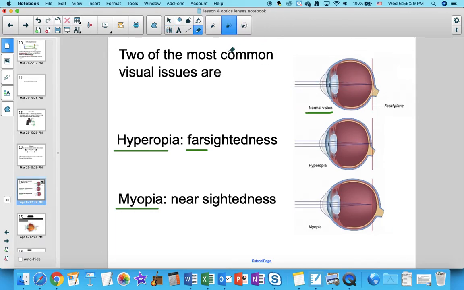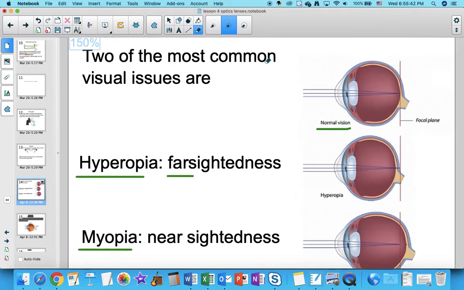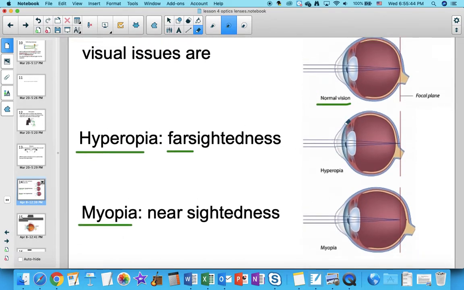Now, the issue with hyperopia, right? Light is focusing, the focal point is too far back. Sorry, the lines are too thick. The focal point is too far back. So if we were to look at this normal picture, the point where all the light is focusing is here.